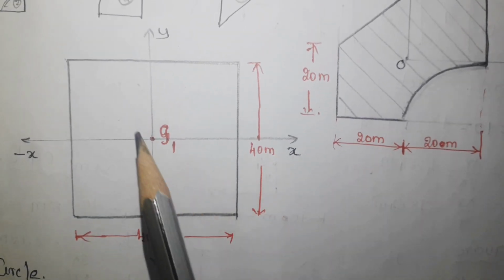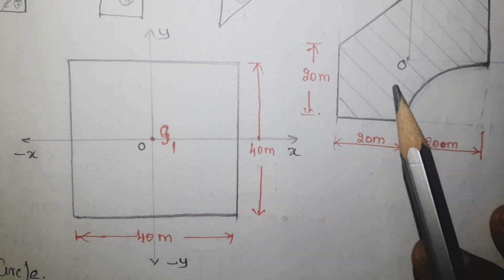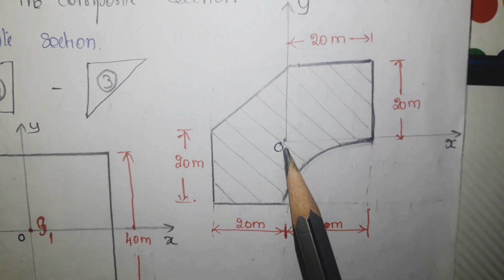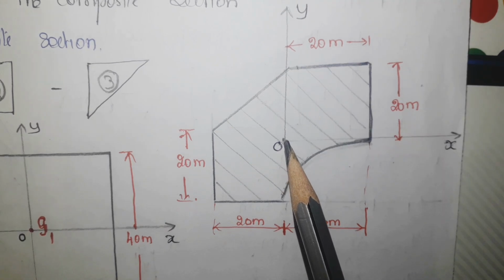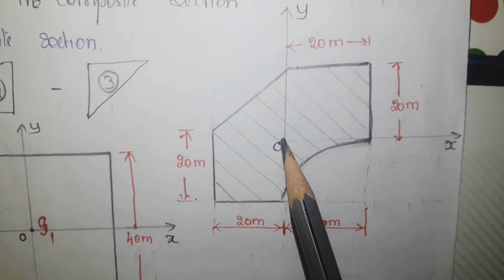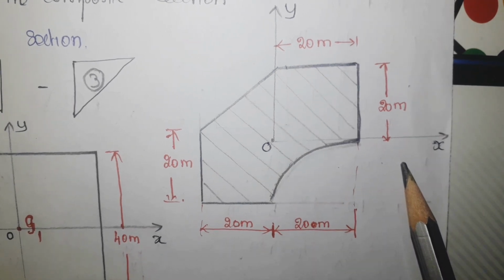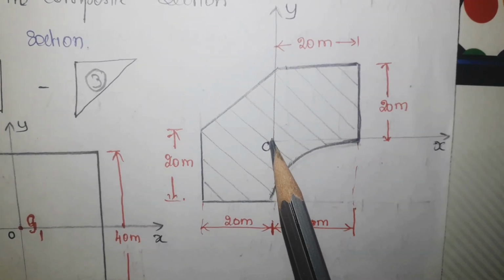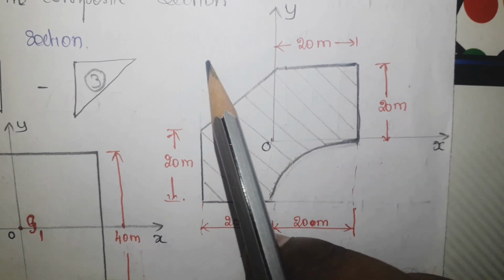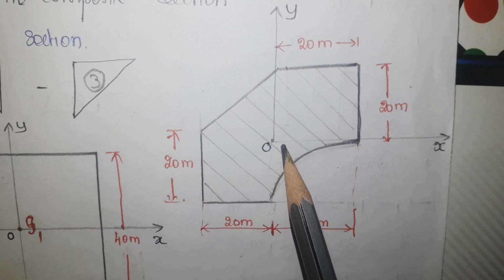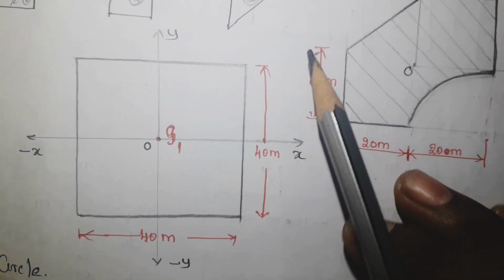Then the second work is the position of the coordinate axis. For that also you have to refer to the original composite section. This is the position of the coordinate axis, the y axis, and through this one, the x axis. If you look closely, this O is passing through the center of the square, the geometric center of the square. So here I have represented it.